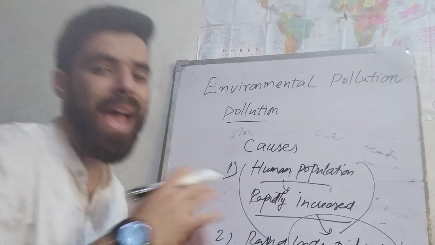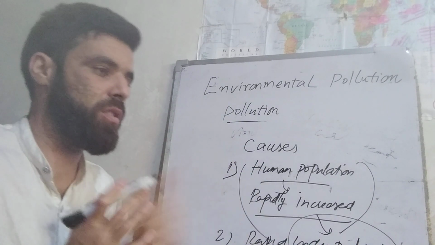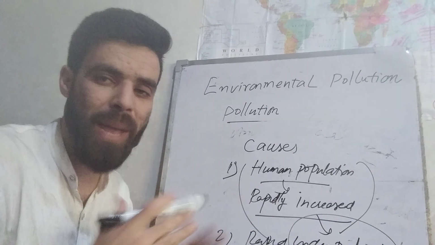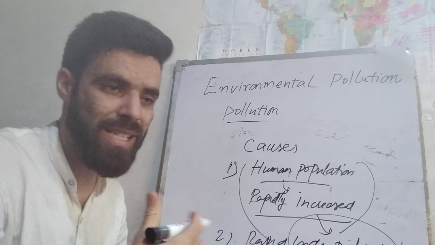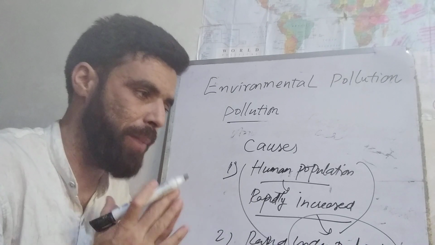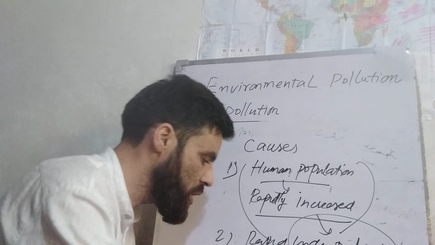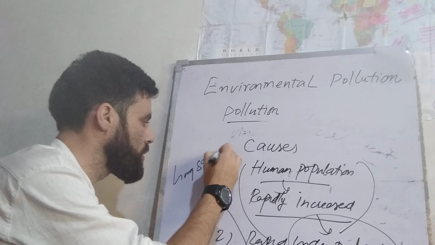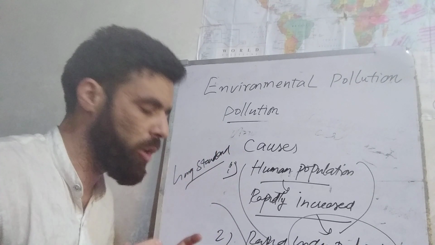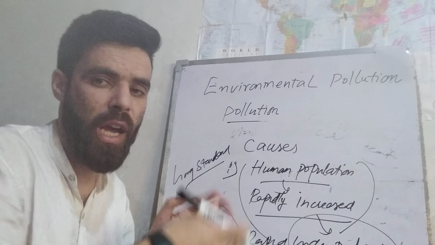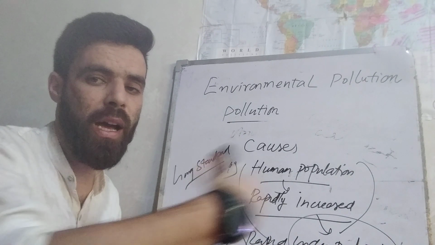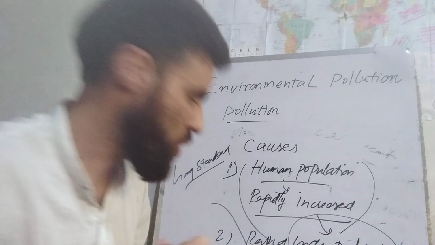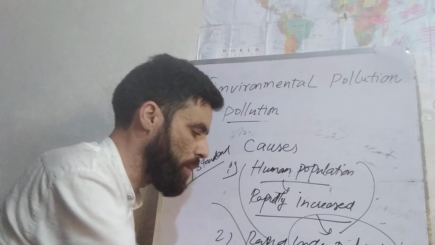Apart from that, rapid urbanization. In the past, man was mostly confined to villages. Village life was something simple. There was less mechanization. There were fewer electronic gadgets than we see presently. Urbanization took place when the living standard of the people improved. When the living standard of the people improved, they left the villages in search of better living. They came to stay in the cities, which led to massive urbanization.